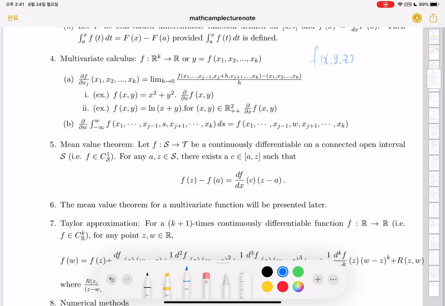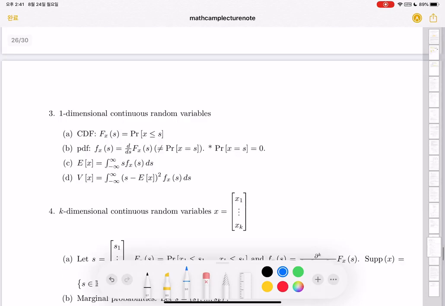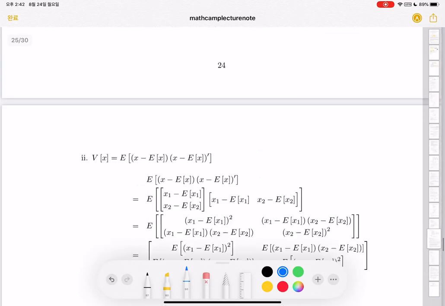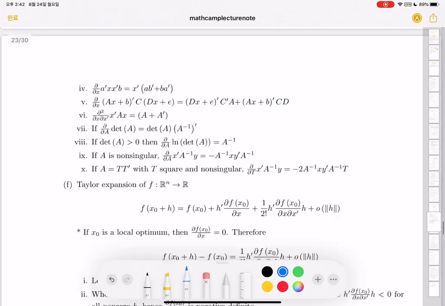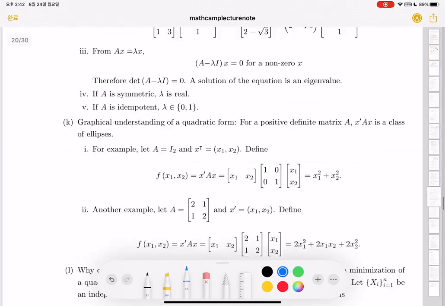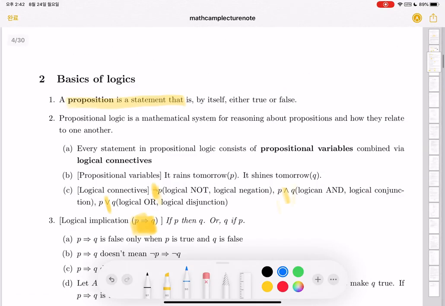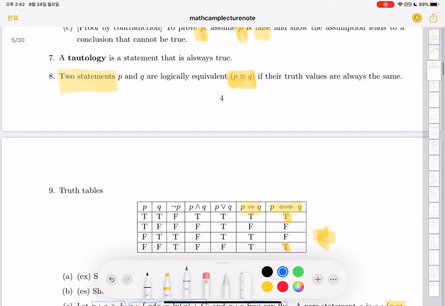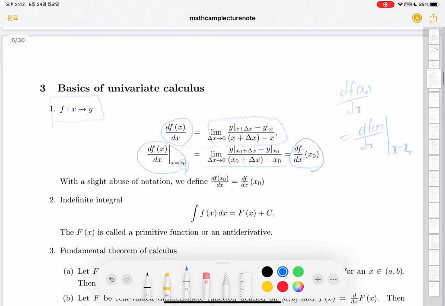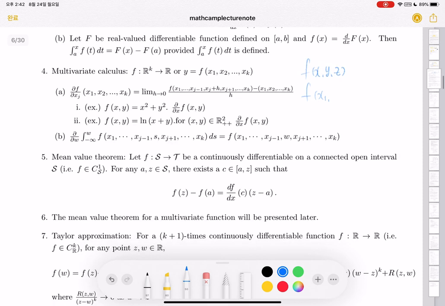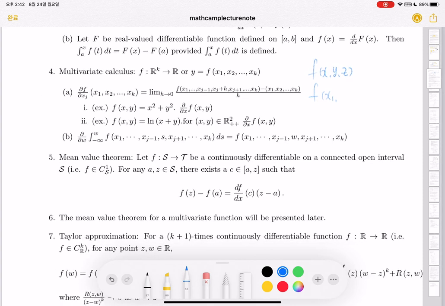So instead of using f of x, y, z, we may use f of x1, x2, x3.